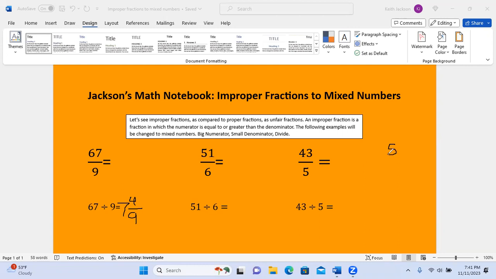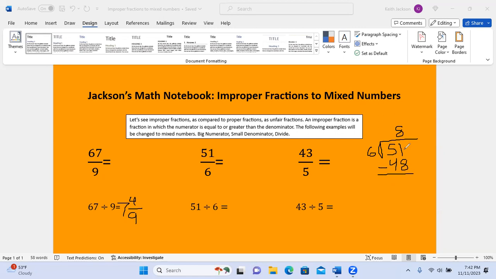And we're just going to put 51 inside the box, 6 on the outside, read it inside out, 51 divided by 6, because it is read this way right here. And as you can see, 6 goes into 51 8 times, because 6 times 8 is 48, and that's the closest we can get to 51 without going over 51.